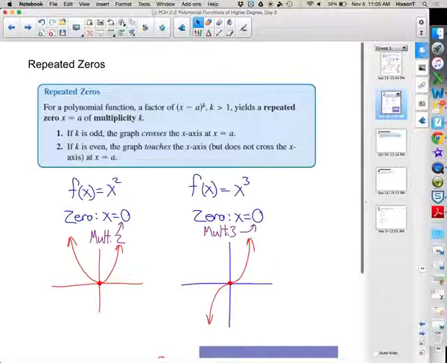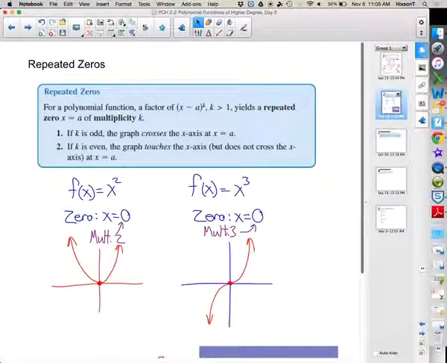Here we have an odd multiplicity. X is 0 all 3 times. Our fundamental theorem of algebra says that we have to have 3 roots to this equation. They just all happen to be the same thing. And you'll notice in this case we happen to go through 3. Here we come down and touch at 0, but it goes back up.